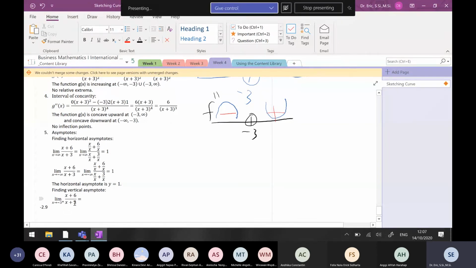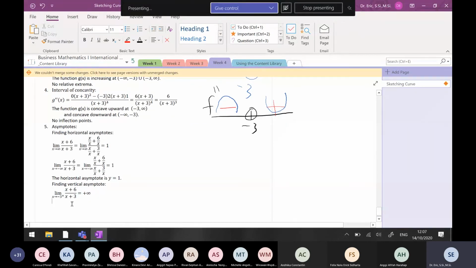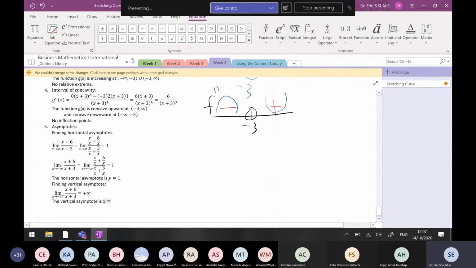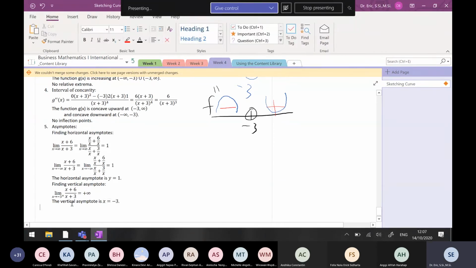If you substitute this, the numerator will give you positive, and the denominator will give you positive. So it should give you positive, but the denominator goes to 0, so it will be infinity. You just prove one of these, and you can conclude immediately that the vertical asymptote is x equals -3. And then the last one, sketching the curve.